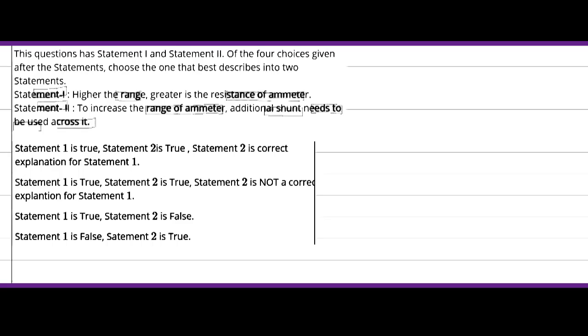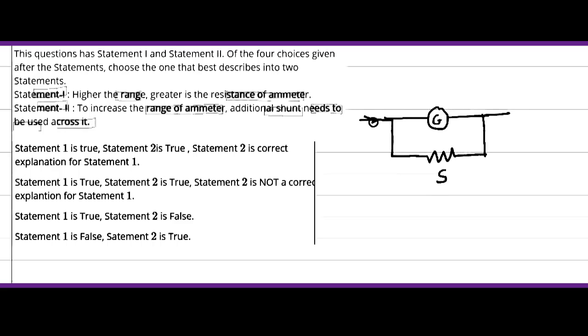Okay, so we can see that we want to obtain an ammeter, and we can obtain it by connecting a galvanometer and a shunt in parallel. If both are in a parallel combination, we will get an ammeter.